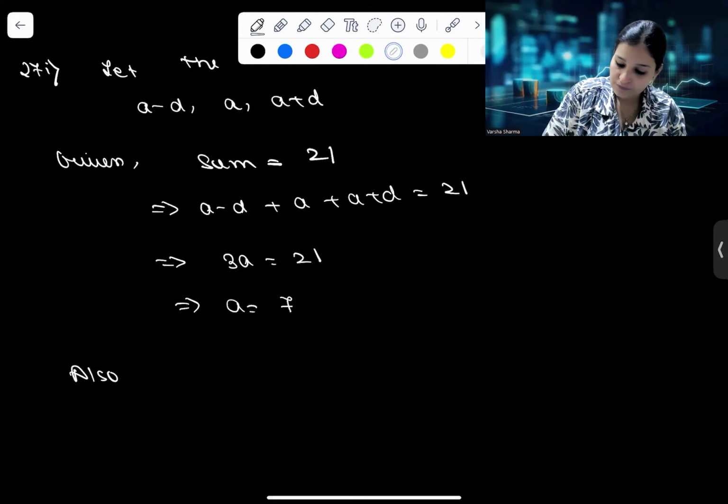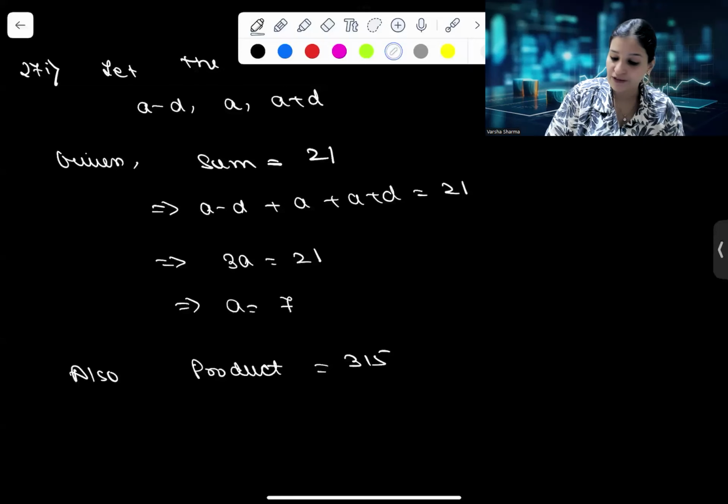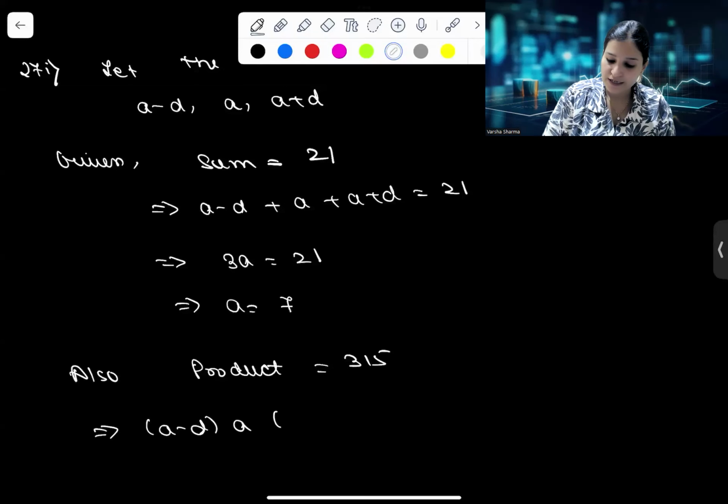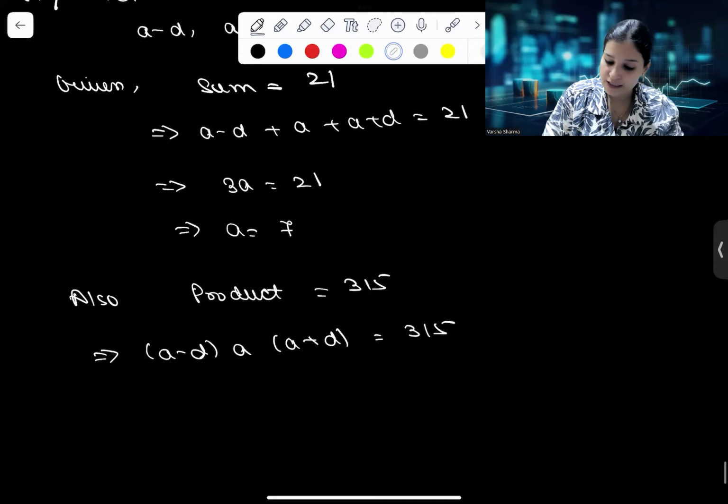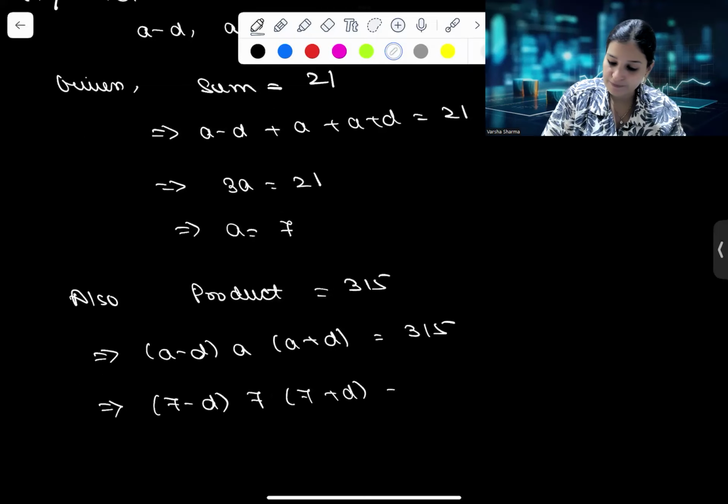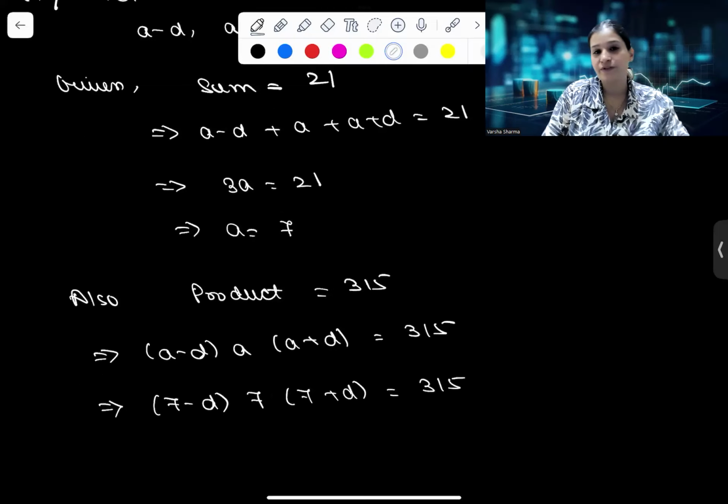Now use the second condition to find out D. Also, the product of terms is 315. Product is A minus D, A, A plus D, which is 315. Let us put A equal to 7 here: 7 minus D, 7, 7 plus D equals 315.